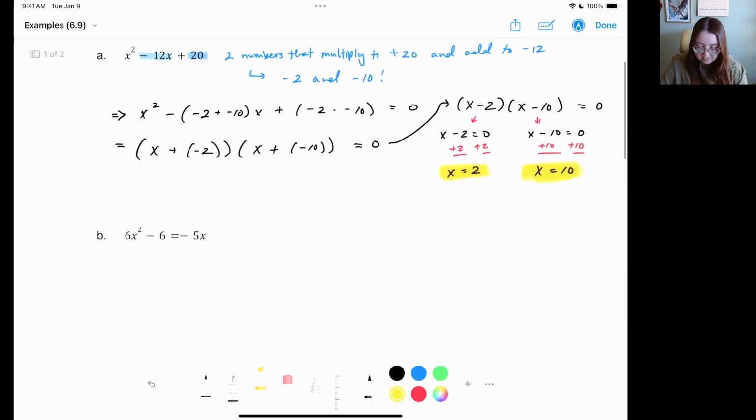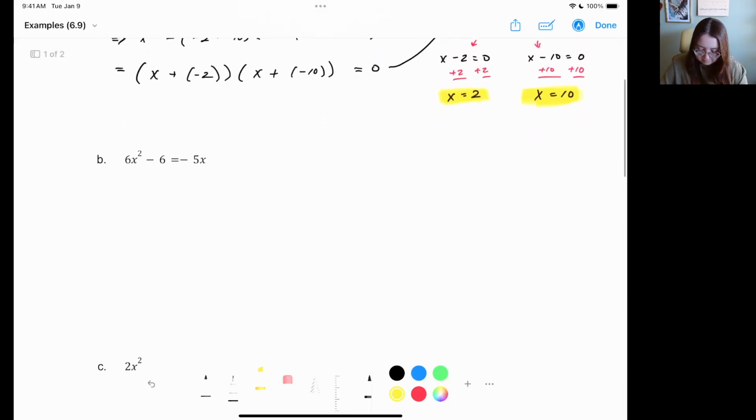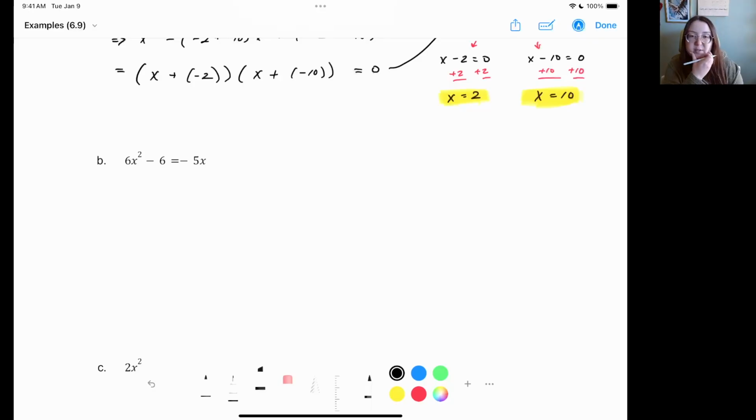All right. Let's go into part B. So for part B, what we have here is 6x squared minus 6 is equal to negative 5x. Now, according to our list of things that we need to do to solve quadratic equations, we need this to be equal to 0, and we need everything to be on the left-hand side.